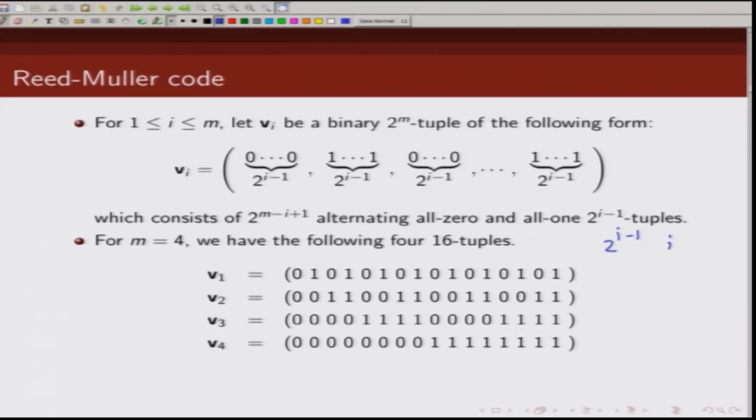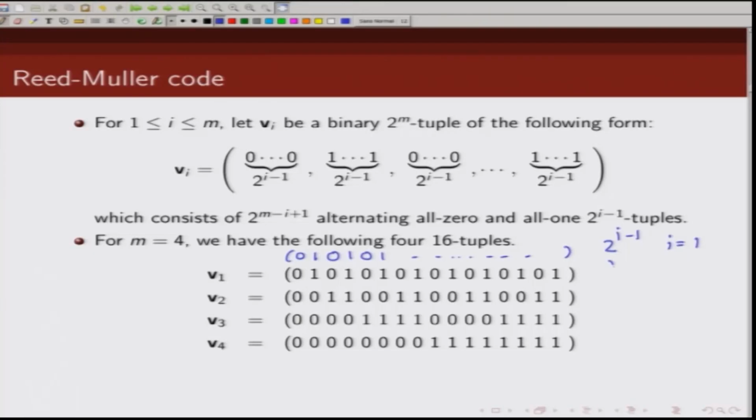When i is 1, this is 1. So, V1 is 0, a run of 1, then followed by a run of 1 for 1 time, then 0 one time, then 1 one time. Like that it will continue for this block of 16.